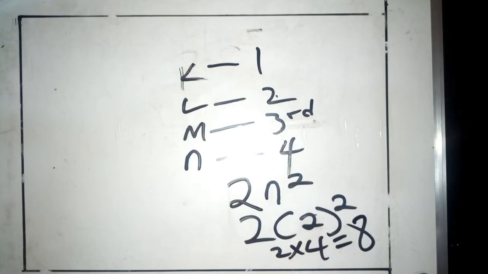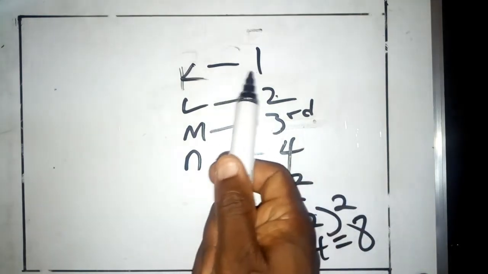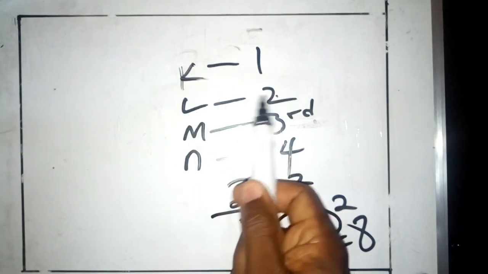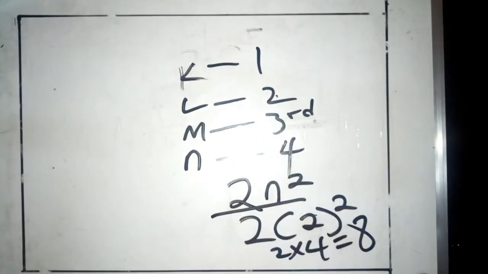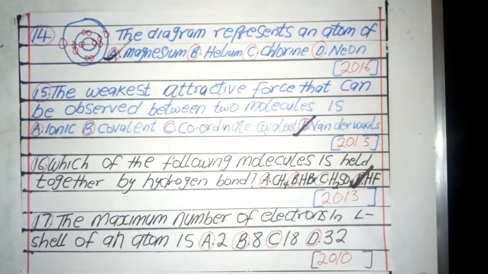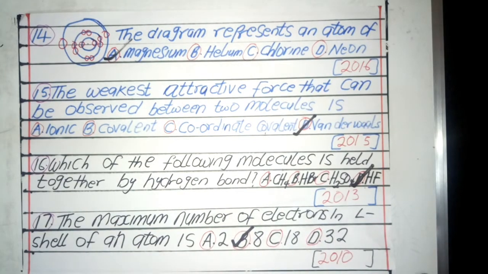The formula is 2n squared, and we know that K is 1, L is 2, M is 3, and N is 4. So the answer is B, 8.